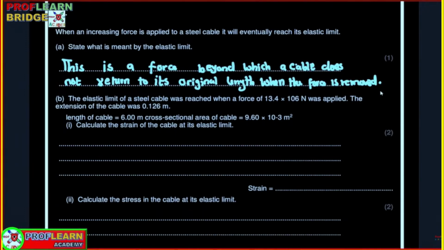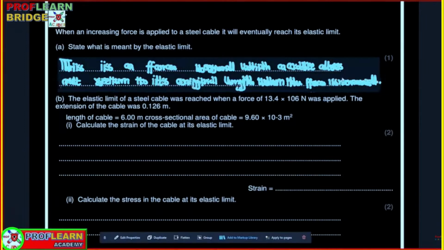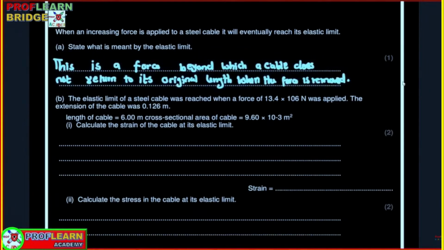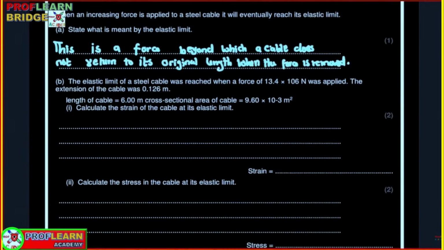Strain is equal to extension over the original length. So we can work out strain, which is delta x, the extension, over the original length. Substituting the values, our extension was 0.126 divided by the length, which is 6.